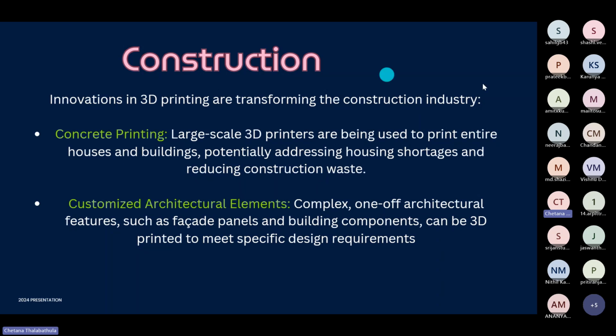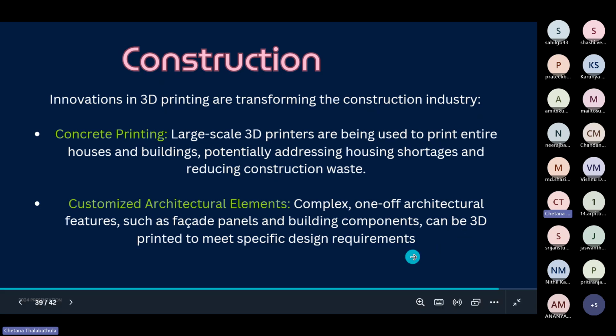So that's the reason 3D printing is rapidly growing in construction. Concrete 3D printing, large 3D printers are used to build houses and buildings, addressing house shortages, and construction waste is reduced a lot. And customized elements in architecture, like facade panels and building components, can be 3D printed to meet design requirements.